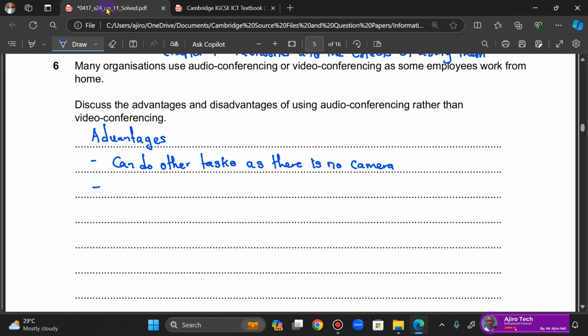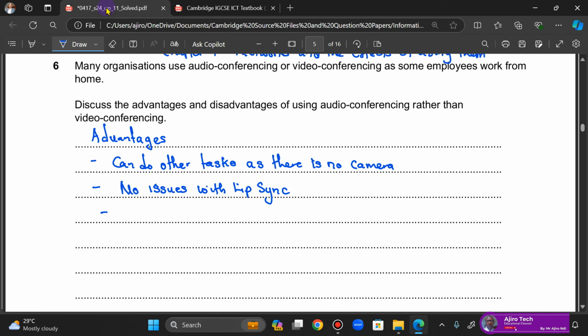When your video is turned on there is that network lag, and you find that most times there's an issue with lip syncing because your lip is saying something else and the audio is saying something else, especially when the network is unstable. No issue because this is just audio. No issue with lip sync.